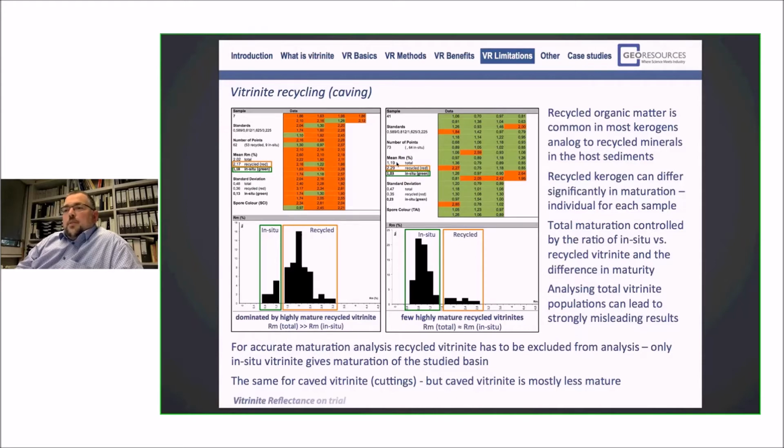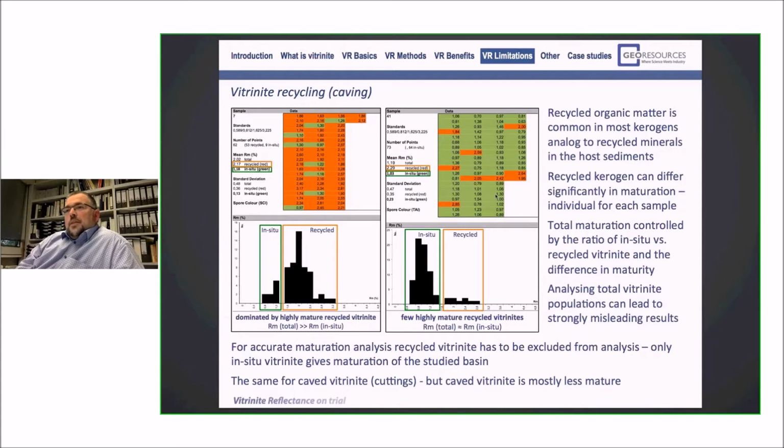So we see a relatively small difference. The mean reflectance of the total assemblage is relatively similar to the mean reflectance of the in situ assemblage. The in situ assemblage is 1.03, and the total assemblage is 1.19. So this means, something in the upper oil window, both values.